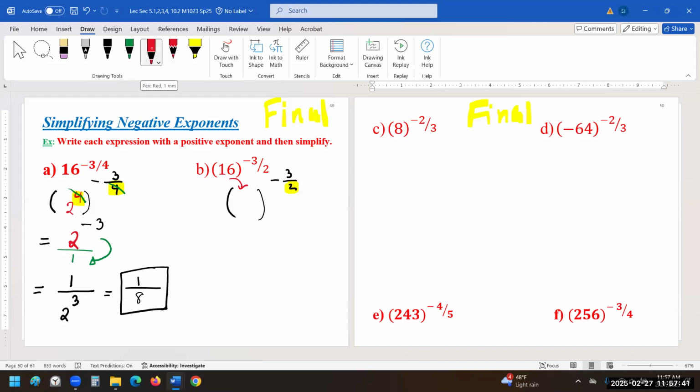What square is 16? 4. So the 2 power and 2 denominator cancel out. We get 4 from the inside and negative 3 from the outside. And now we don't like the negative power, so you have to turn it into a fraction. So it becomes 1/4 to the positive 3.